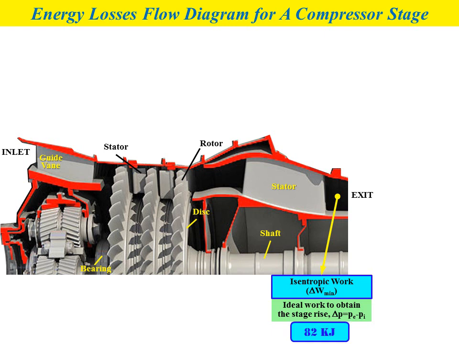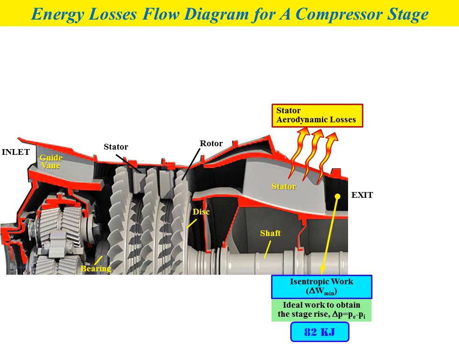Let's say, as an example, we need to provide to the compressor around 82 kilojoule for the isentropic work of the compression process, due to the losses.